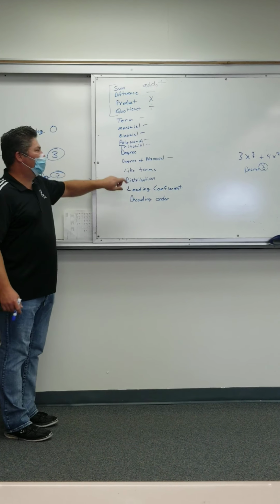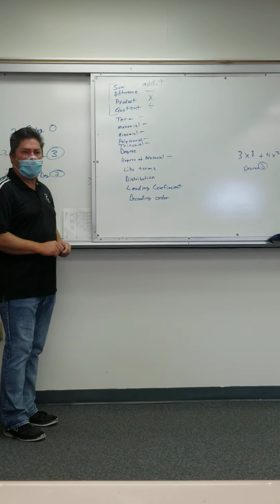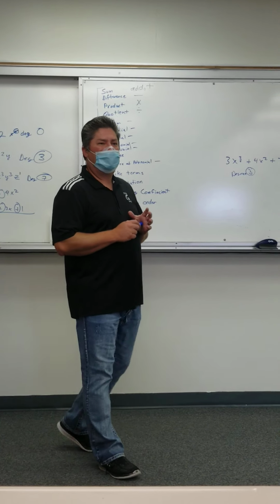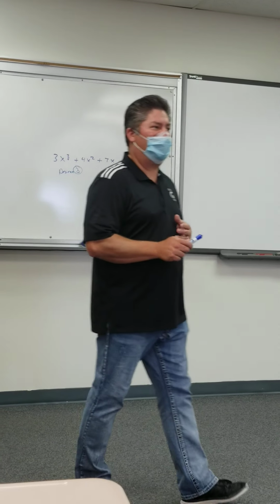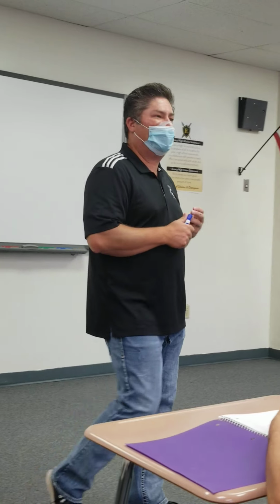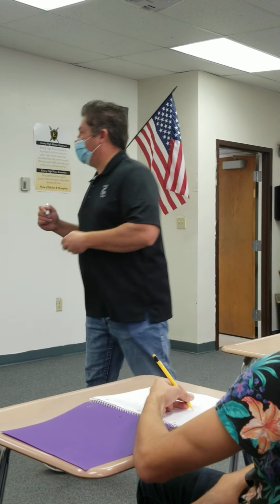All right, like terms. What are like terms? You know what they are instinctively, but how do I define it? Think about that. So I got a question. Let's do this.